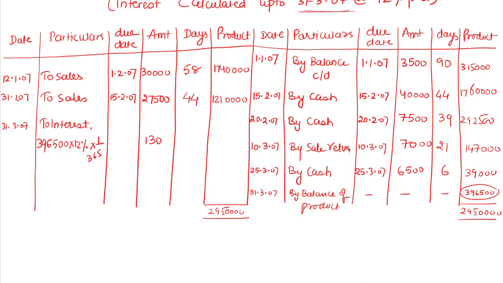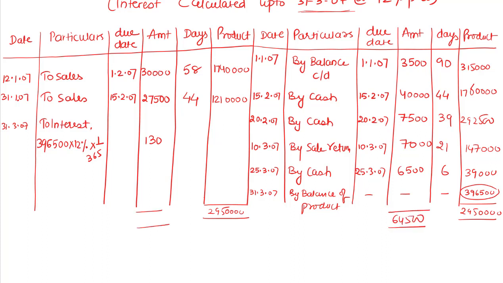So 3,500 plus 40,000 plus 7,500 plus 7,000 plus 6,500, 64,500. And over here 30, 50. Okay, so this side is big. Amount 64,500.